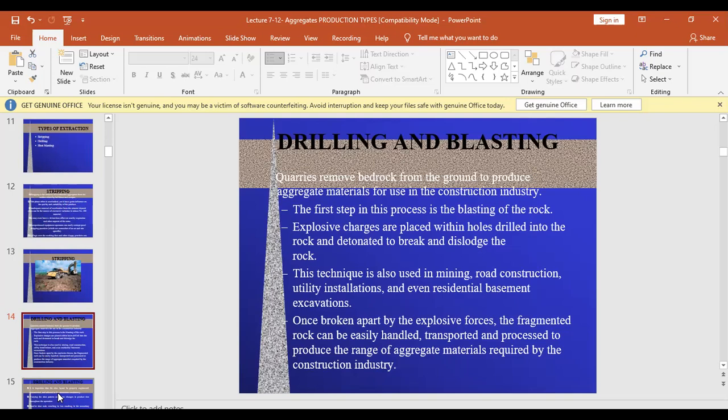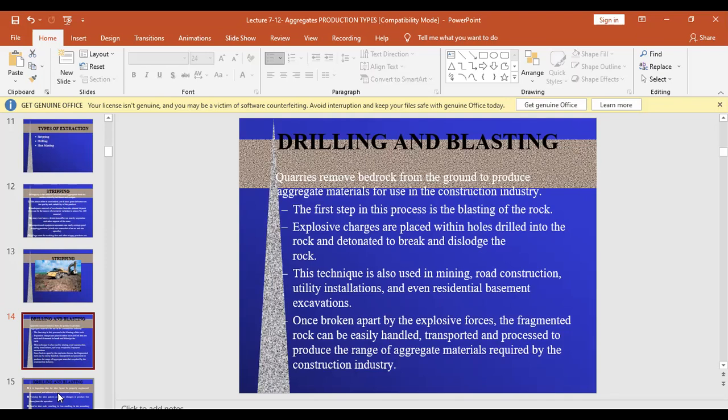This is the same technique used in mining, utility installations, cuts in a mountain, for constructing a road or a railway structure or tunnels. We use these techniques, and even for residential basements.